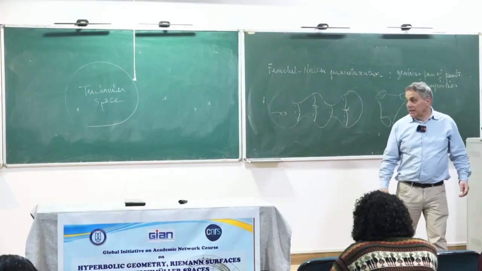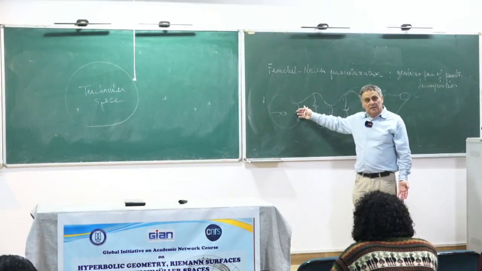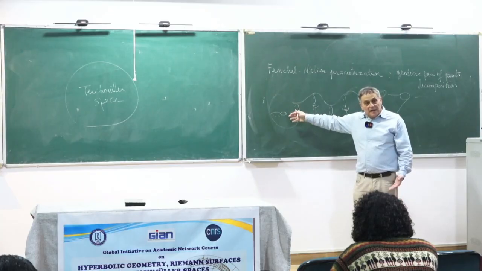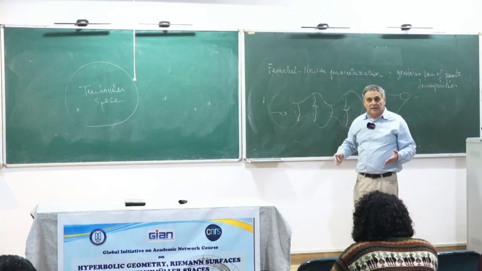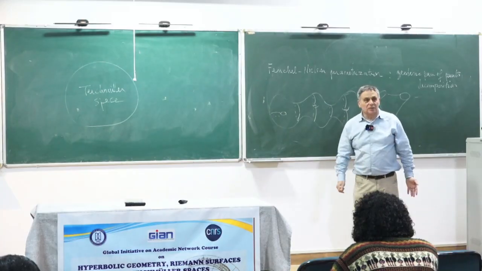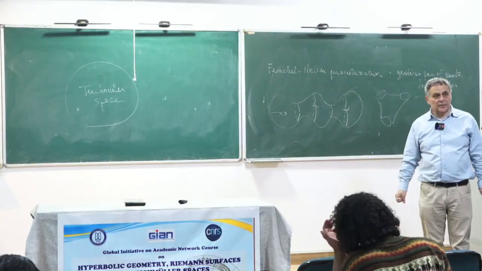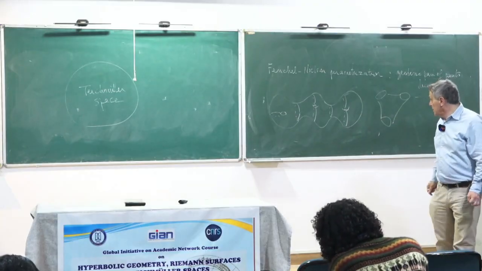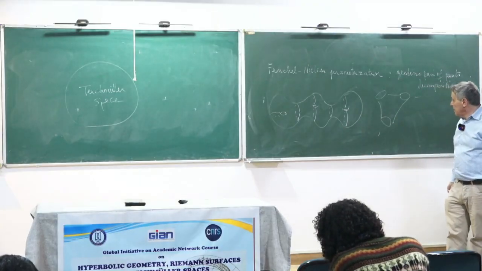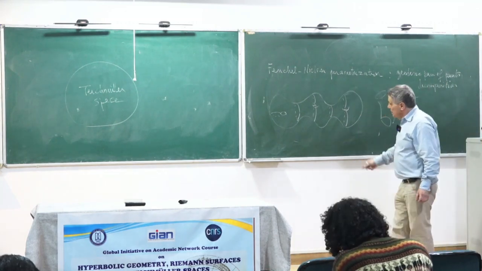I told you that in each homotopy class of curve there is a geodesic. If the curves are disjoint, then the corresponding closed geodesics are disjoint also. This is some easy hyperbolic geometry, as I told you.